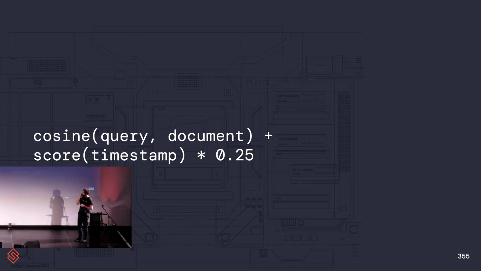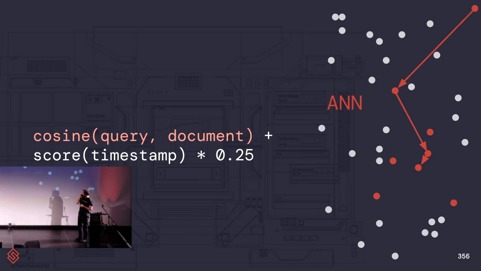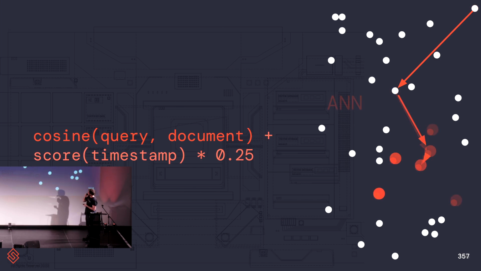So you add this formula, and now the story gets a bit messy, because the first part will still happen with the approximate nearest neighbor search data structure, so that will be efficient. But now it needs to find some relevant documents for the query and only look at those to compute the total score.